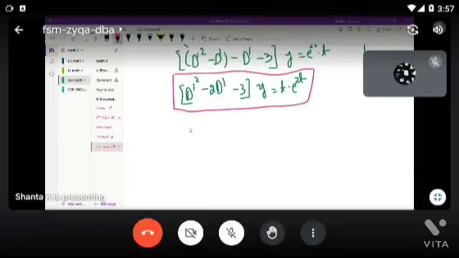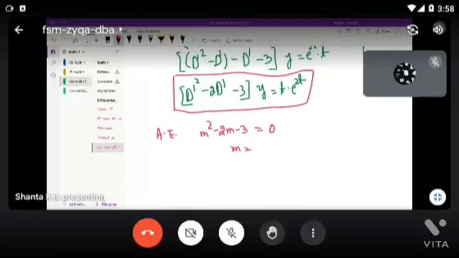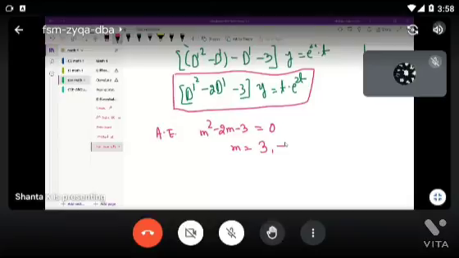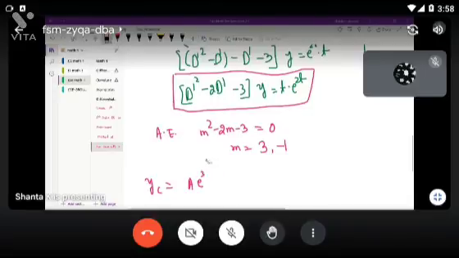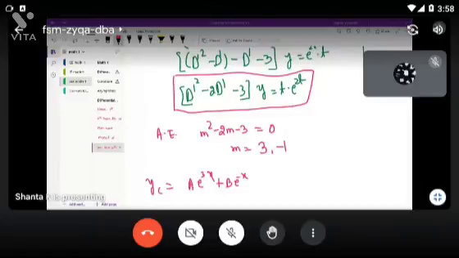Okay, so the auxiliary equation will be m squared minus 2m minus 3 equals 0. So what are the solutions for m? 3 and minus 1. Okay, so the complementary function will be a e power 3t plus b e power minus t.